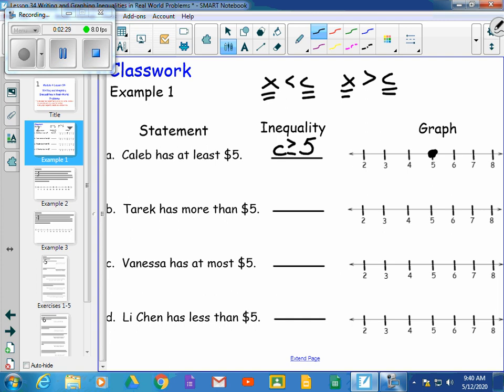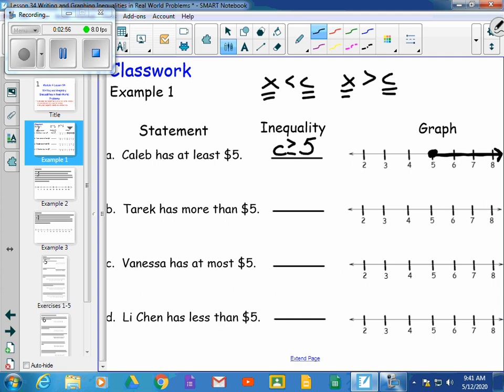So the 6, the 7, and the 8 are also true. But also, we can have parts of dollars. So to represent all the numbers and the parts that are larger than 5, we're going to put an arrow going from that solid dot to the right. And all of those numbers on that number line represent the values that C could be.